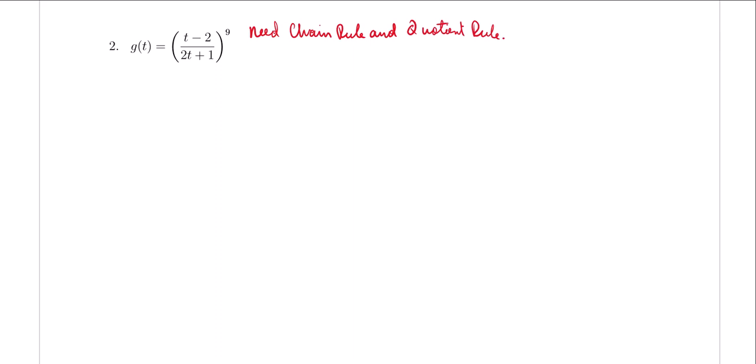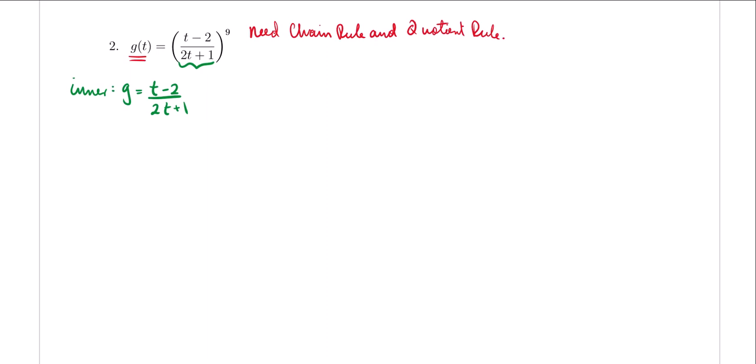Okay, so with that said, let's identify what seems to be the inner function and what is the outer function. Well, we get to see here that the t minus 2 all over 2t plus 1 seems to be the function that's inside. So this one here is our inner function. Now, again, I emphasize this is not the same thing as this g.